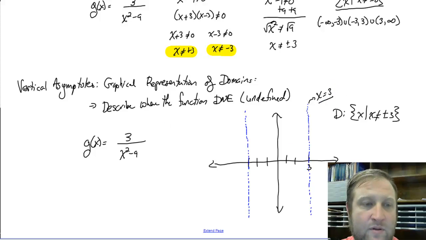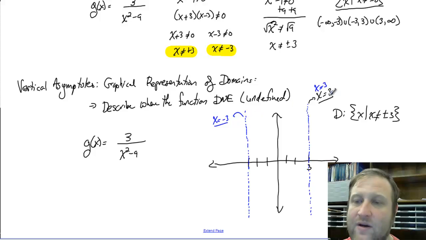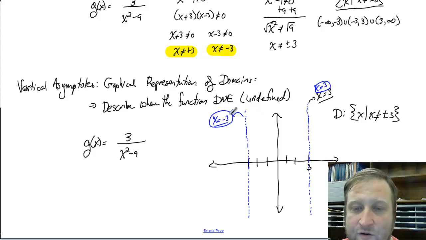So this will be x equals 3. This will be the equation of one vertical asymptote. And this vertical asymptote will be x equals negative 3. So here we have one vertical asymptote at x equals positive 3 and another at x equals negative 3.